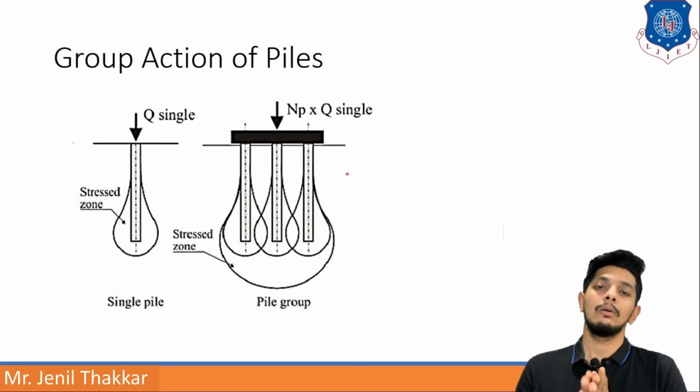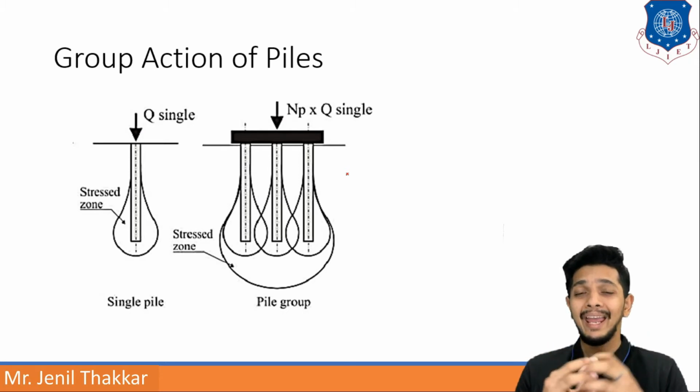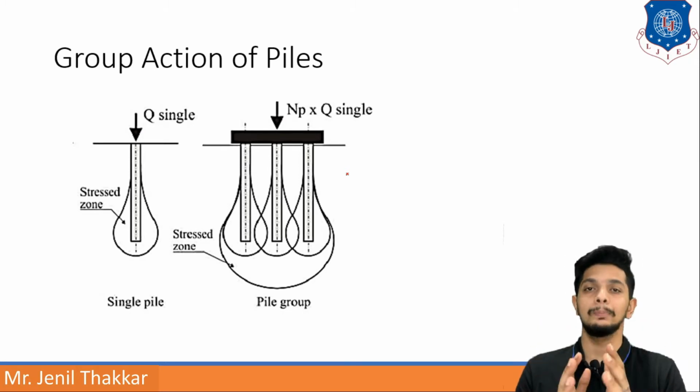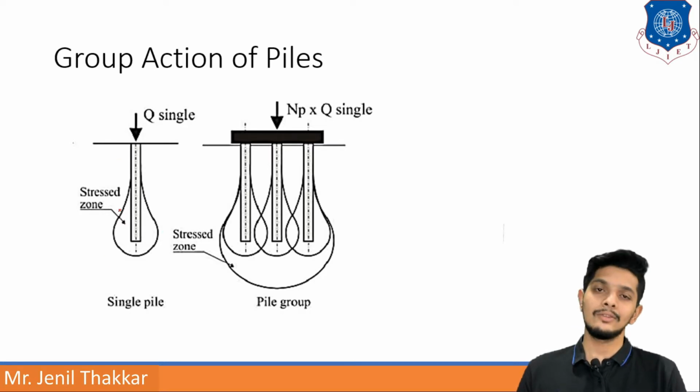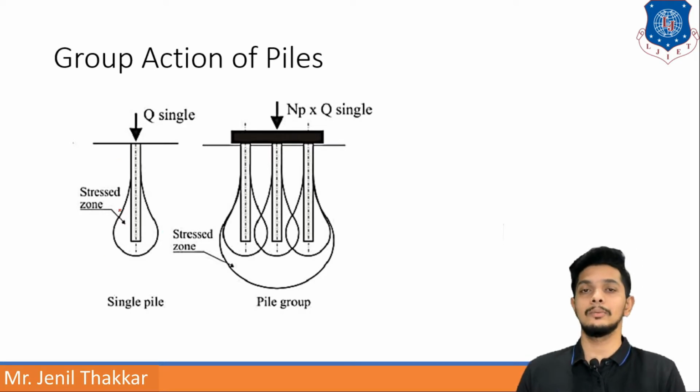Now, coming to the group action, or load carrying capacity of a pile group. This diagram shows two images. In the first image, we can see a load Q coming on a single pile, and the single pile has a stress zone, its load carrying capacity zone, in a bulb shape as we have studied in stress distribution.